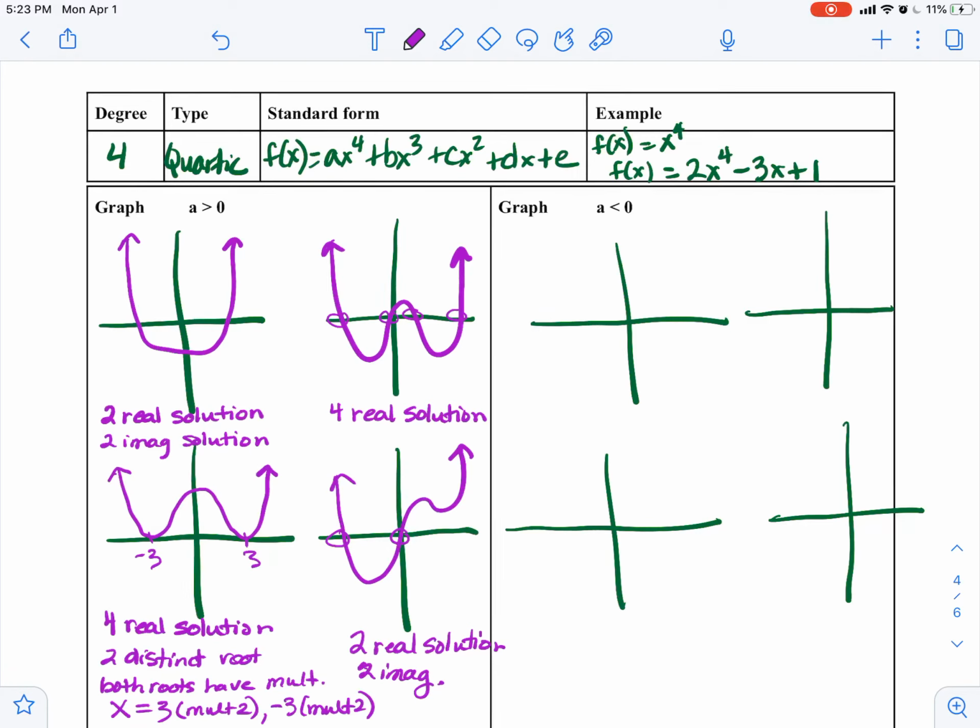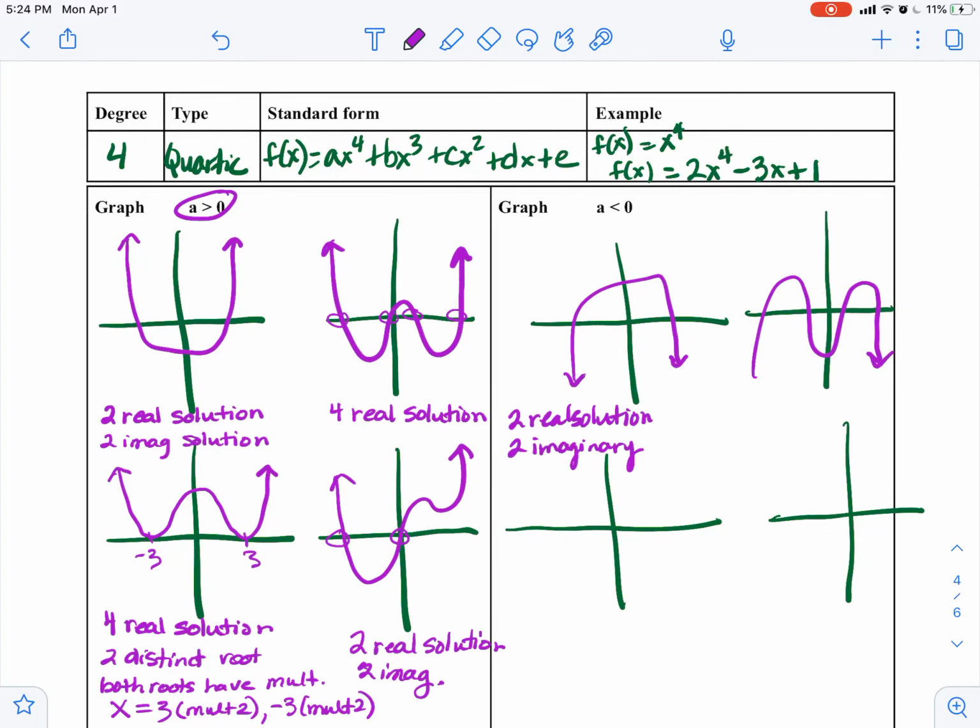Okay, so let's go ahead and look at it on the other side. If I flip it upside down, so again, this was greater than 0, less than 0, it's just going to look the same, flipped upside down. Again, we're going to have 2 real solutions here, and you'll get 2 imaginary. Again, the flip would be here.